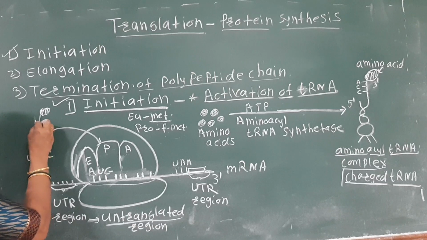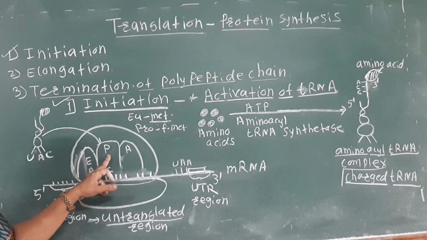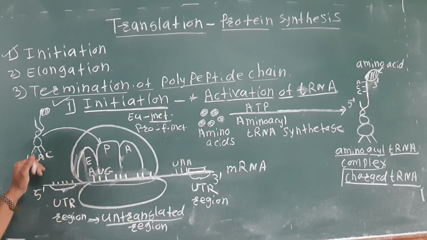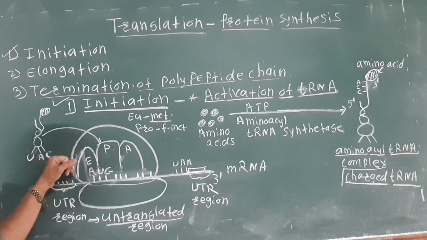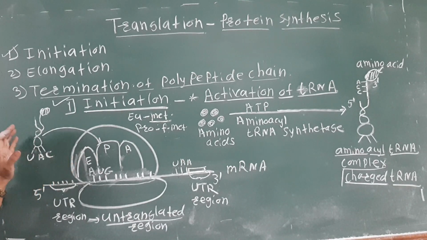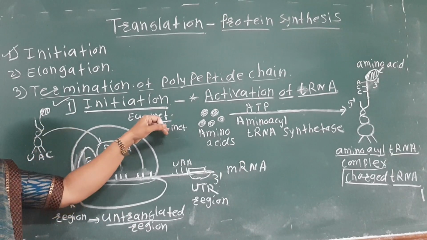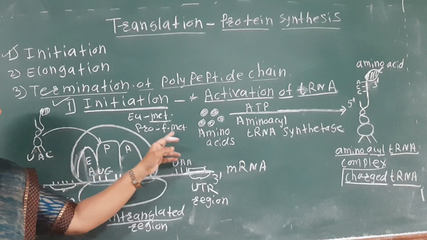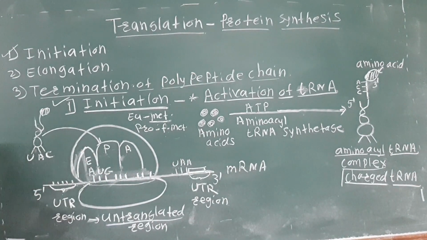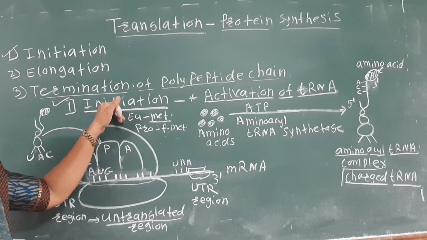So here the first tRNA that enters through this P site has the anticodon UAC. And in the eukaryotic cell this tRNA carries the amino acid methionine, while in the prokaryotic cell the amino acid carried is formyl methionine. Okay, so it is about the first step, that is the initiation.